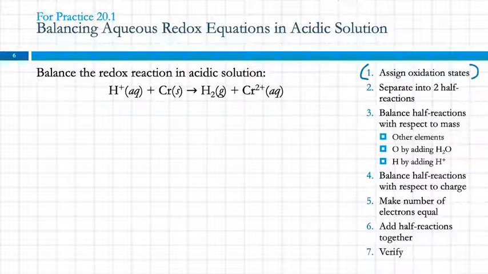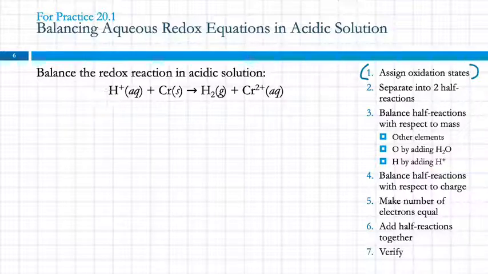So I'm going to separate this into 2 half reactions. So the ones we're going to see in Chem 1A are going to be relatively simple. Typically, you'll have 2 reactants and 2 or more products. And so one of the reactants will be in the reduction reaction and one in the oxidation. And we don't even have to identify which is which. I'm just going to separate this apart.